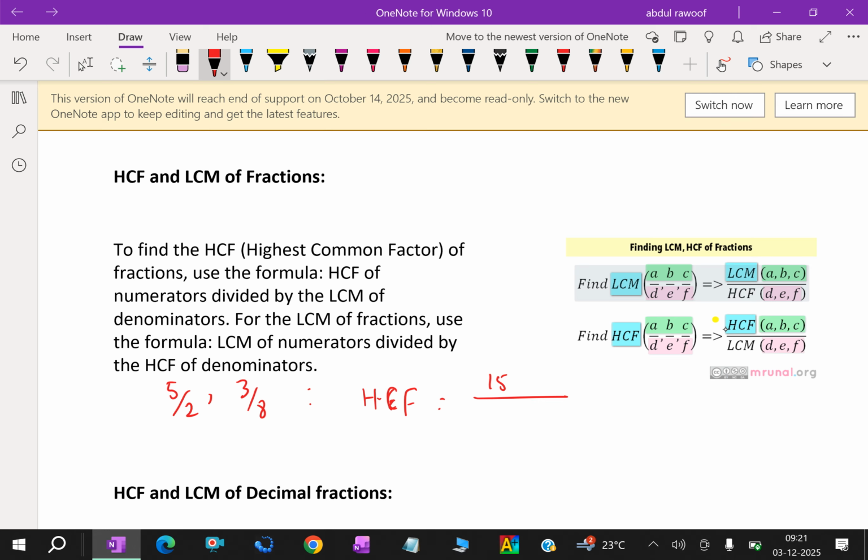We can get it with another fraction, for example.